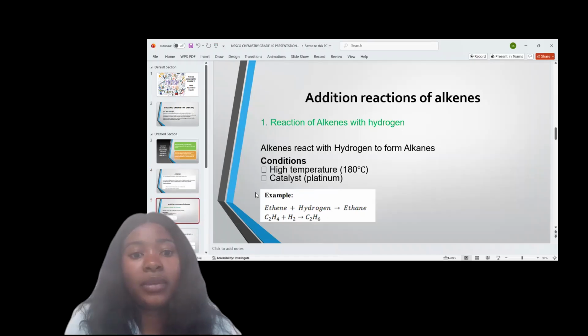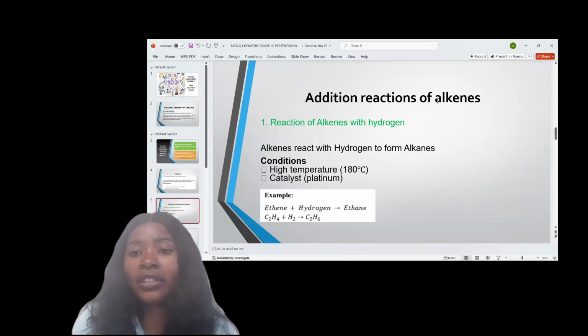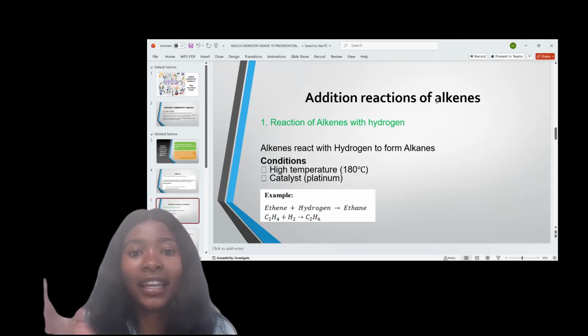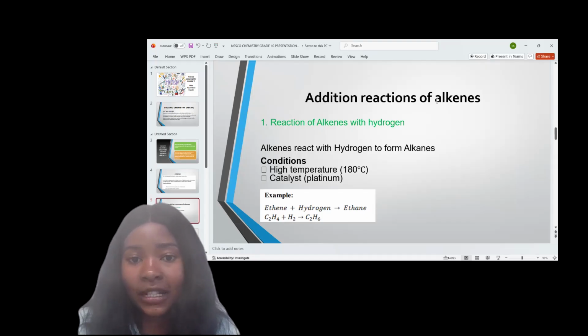Then we have the addition reaction. We already know in mathematics, addition means you are taking one thing and adding it to another one, and then you get your product. Here we mentioned that the alkenes have a double bond.